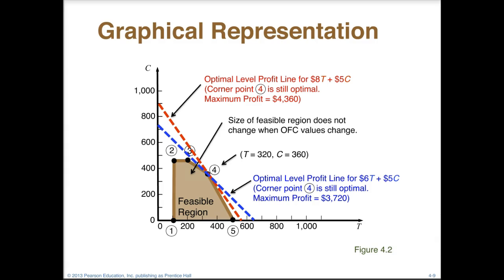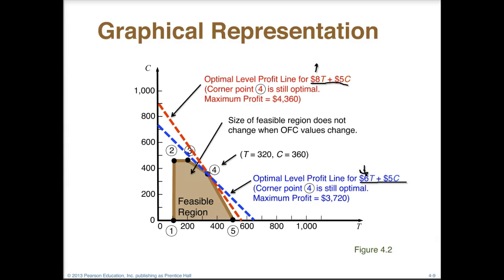All right. So now this is what happens to our level line. This is the one when we go down $1, and this is the one when we go up $1. The red is when we go up $1 on the profit for the tables, and blue is when we go down.